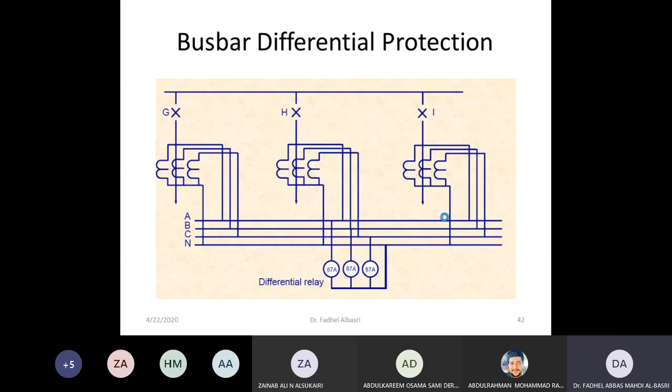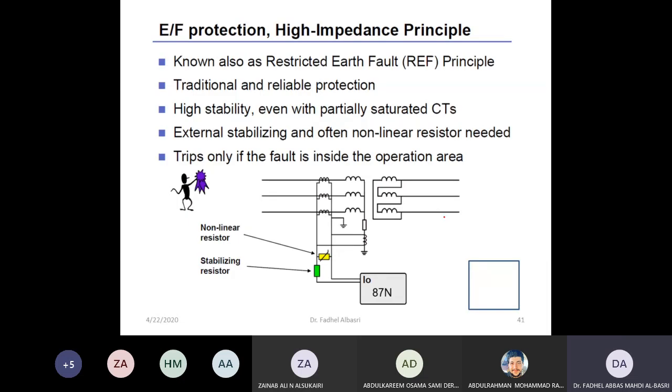Tomorrow, inshallah, in the next class, I will close with these slides. Now there is another type of differential protection, which is used for earth fault protection, and it is called the restricted earth fault principle. It is a sort of differential.